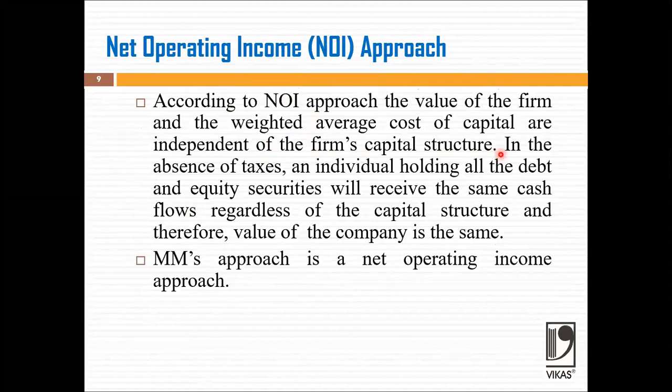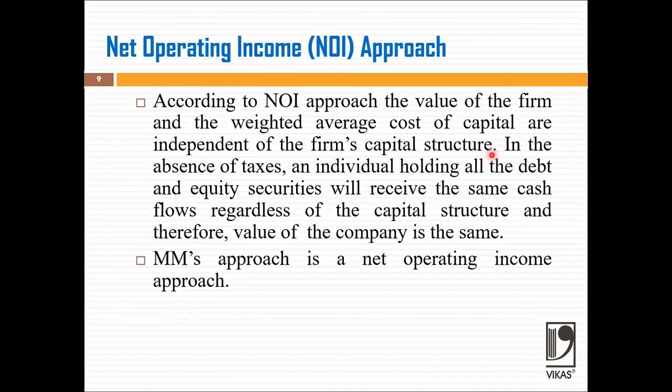So this theory says that even if you make changes in capital structure, it will not impact the weighted average cost of capital, and therefore it has no impact on the value of the firm. In the absence of taxes, an individual holding all the debt and equity securities will receive the same cash flow regardless of the capital structure, and therefore the value of the company is the same. So capital structure does not matter.